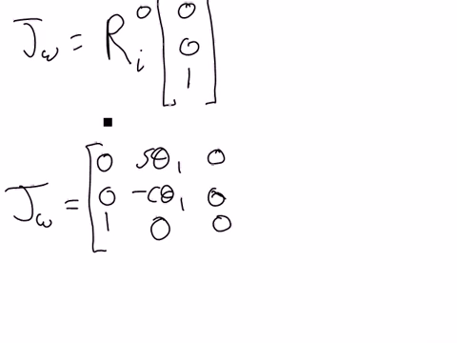Remember that I'm supposed to have a number of columns equal to the number of joints. So the example that I've shown here is the correct rotational velocity Jacobian part for a manipulator that has 3 joints, where the first one is revolute, the second is revolute, and the third is prismatic.